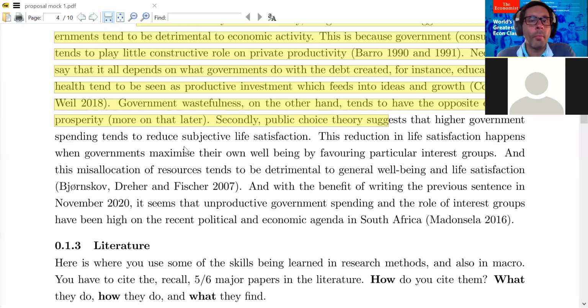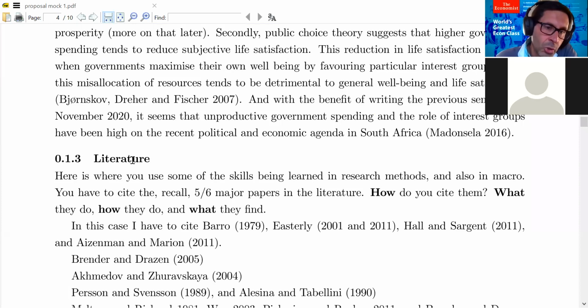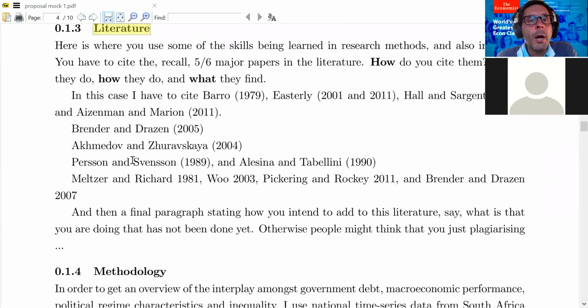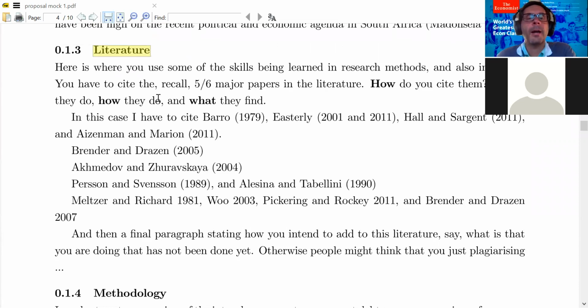Okay. Now, folks, the next section is the literature review. I didn't just copy and paste my literature review, because then I would be self-plagiarizing.